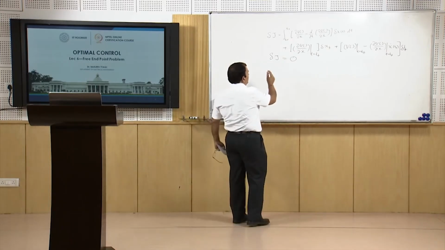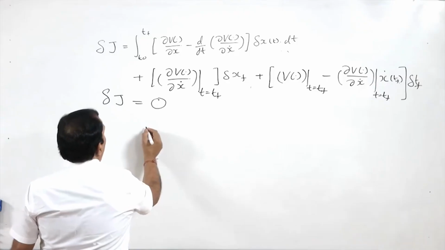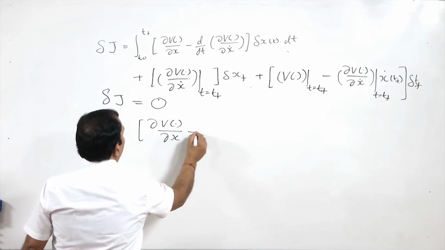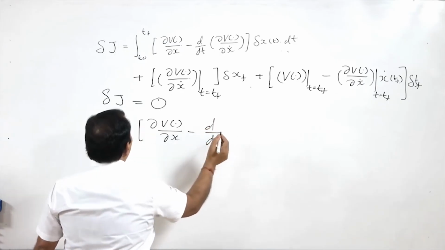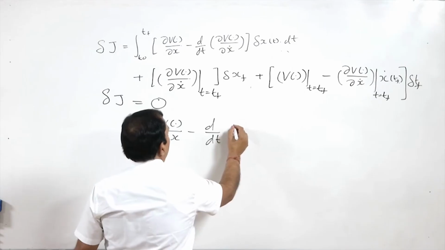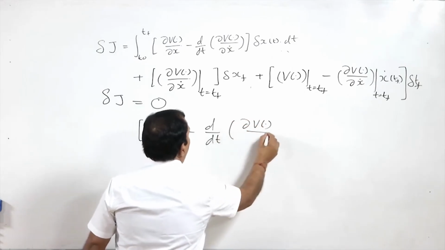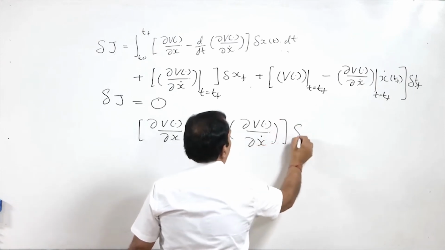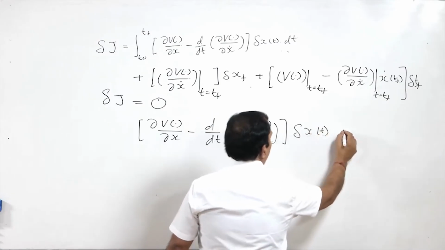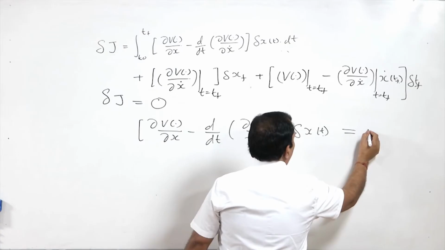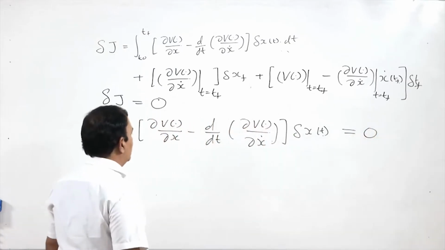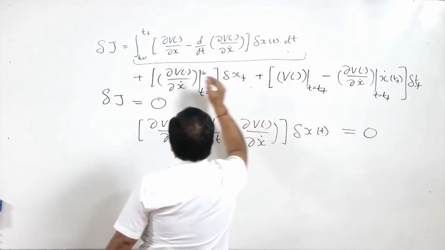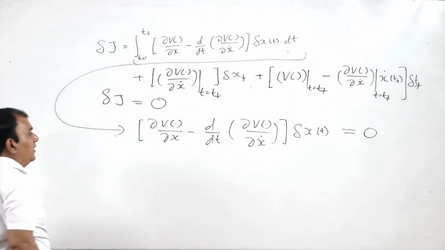So, if delta J equal to 0, so I can say del v dot by del x minus d by dt del v by del x dot, delta xt is equal to 0, and this we are writing from the first term.